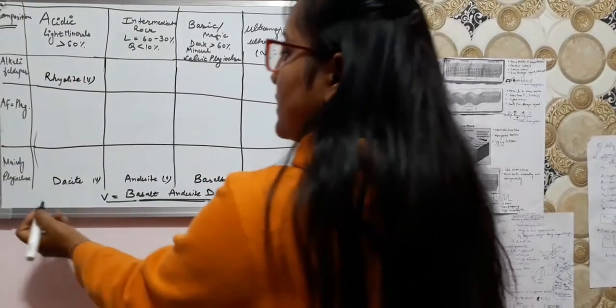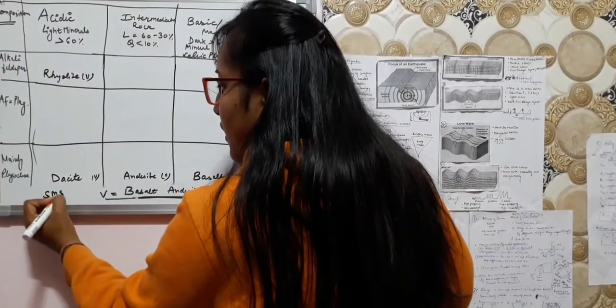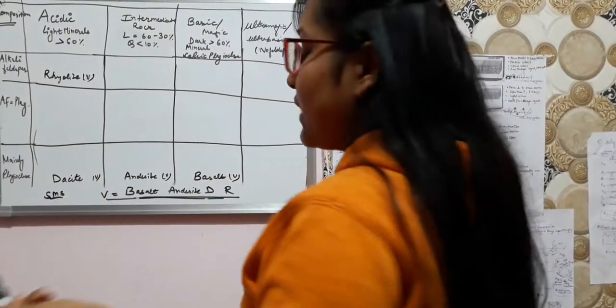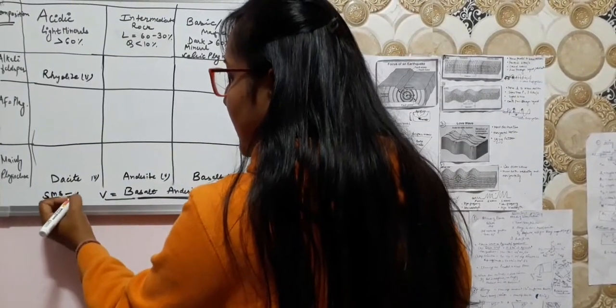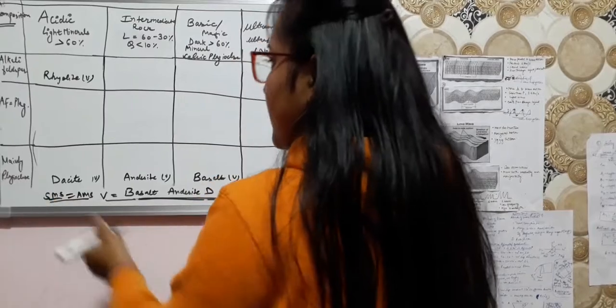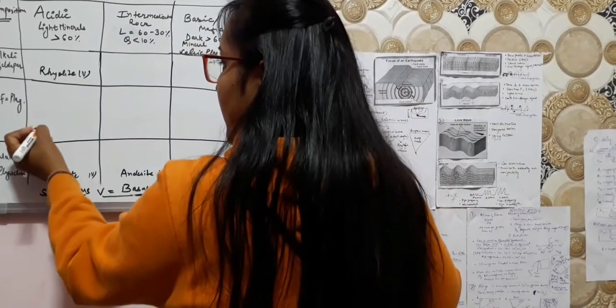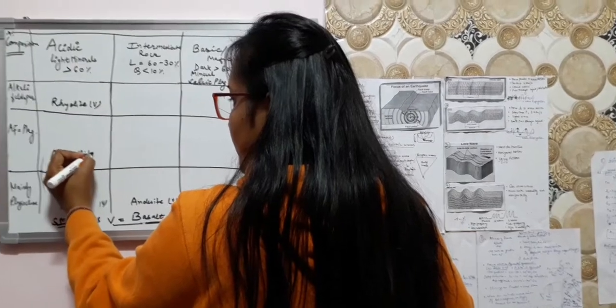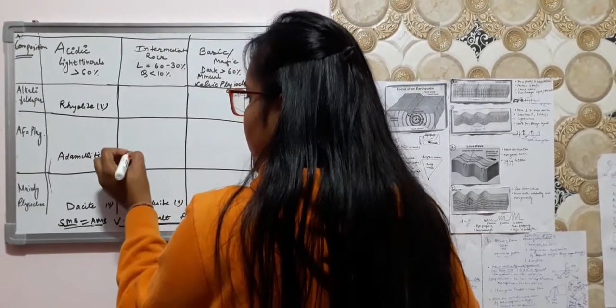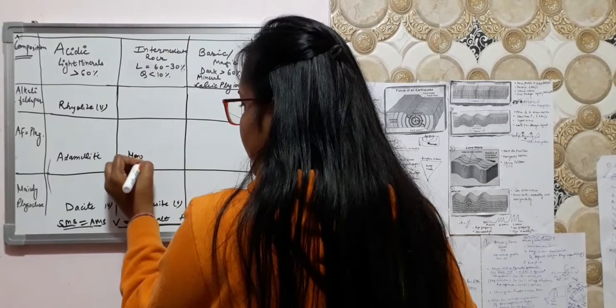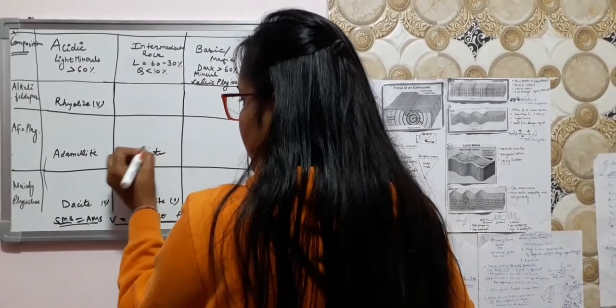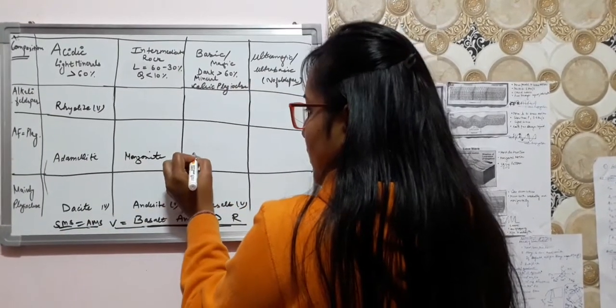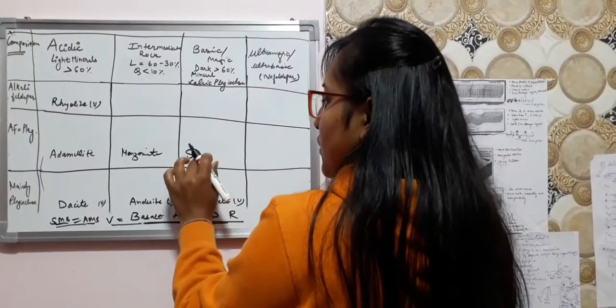After this, just like SMS, but here we will not take SMS, so we will take AMS instead of this. Okay, so what is A? This is adamellite. M stands for monzonite. S for, I will leave this for now.